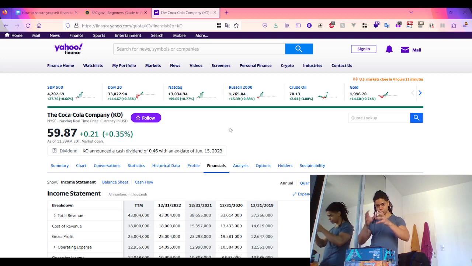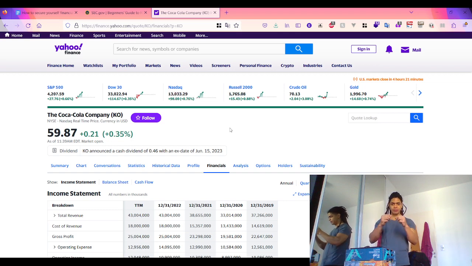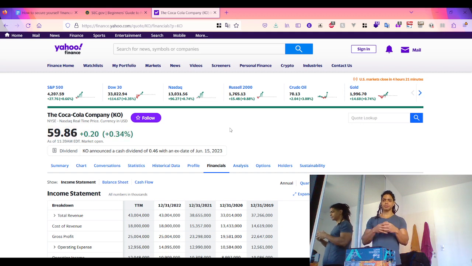With that, that can give you a sense of what a balance sheet is. After all, this is a snapshot of the company's assets, liabilities, and shareholders' equity.